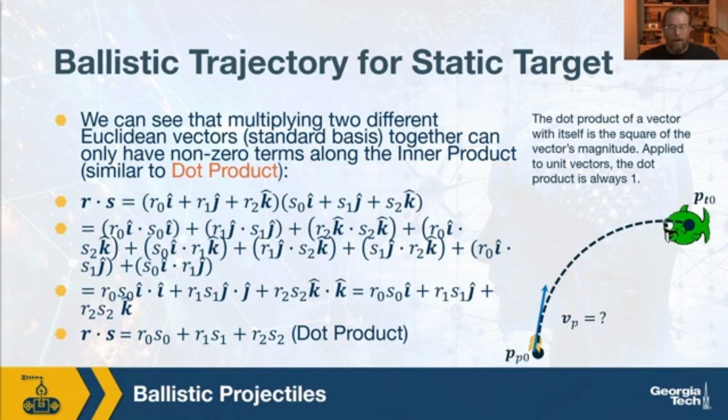Now in that case, we have a terminal condition, because we know that the dot product of two unit vectors is always going to be 1. So we replace the i dot i and the j dot j and the k dot k. Each of those we can replace with 1, because we're performing the dot product.